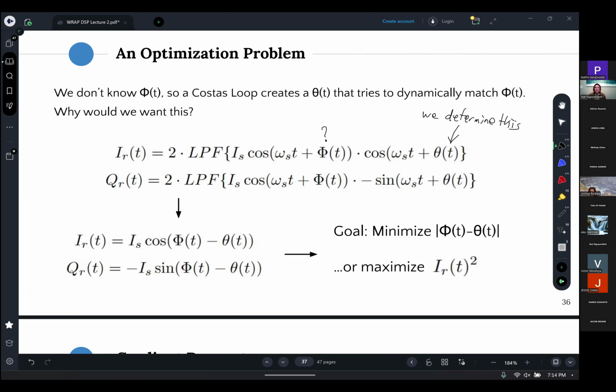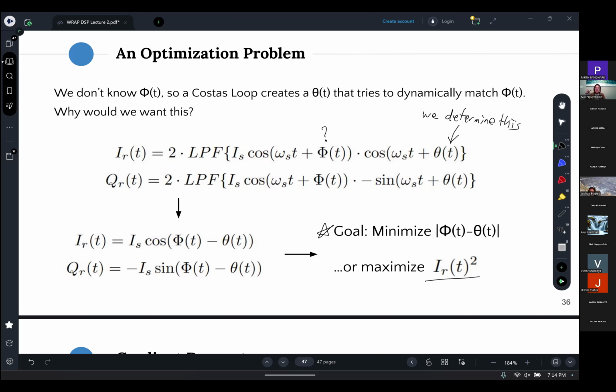So our goal in this optimization problem is to minimize the absolute value of the difference between theta and big phi, or put another way, we want to maximize the received I component. Whenever we have a sample, we know it should be either 1 or -1.